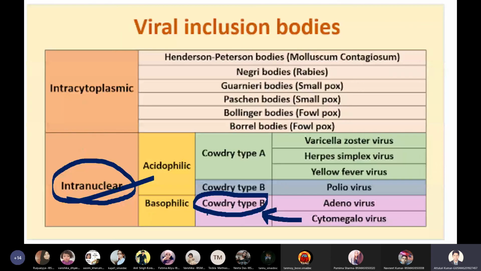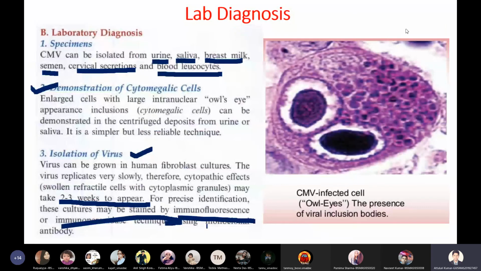Coming to the lab diagnosis, specimens of choice for detection of cytomegalovirus are urine, saliva, breast milk, semen, cervical secretions, and blood leukocytes. Detection of cytomegalic cells: owl's eye cells can be detected in patients infected by cytomegalovirus. This virus can be isolated, that means cultivated, in human fibroblast cell cultures, and the replication of this virus is very slow.